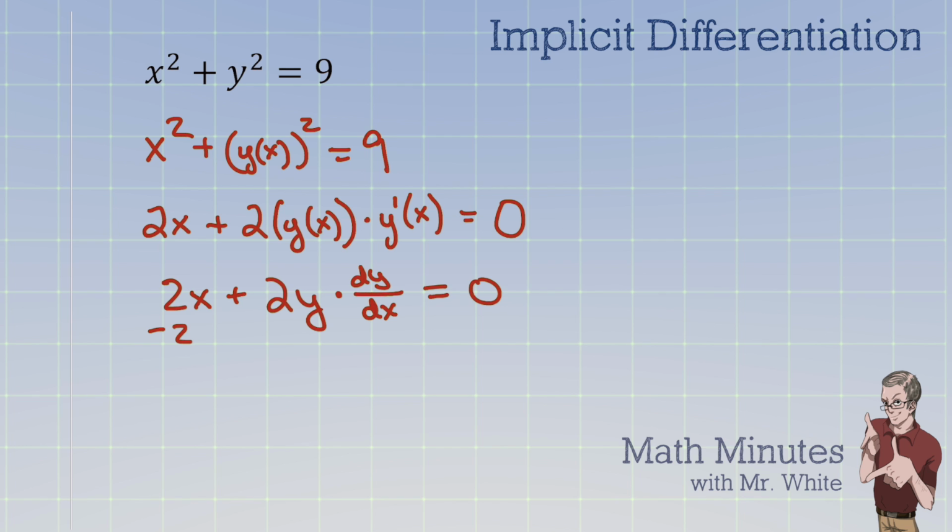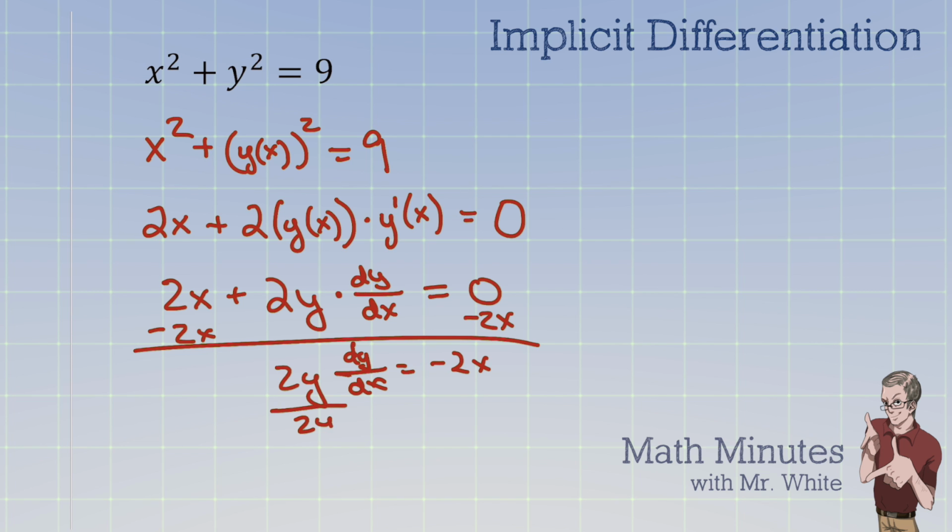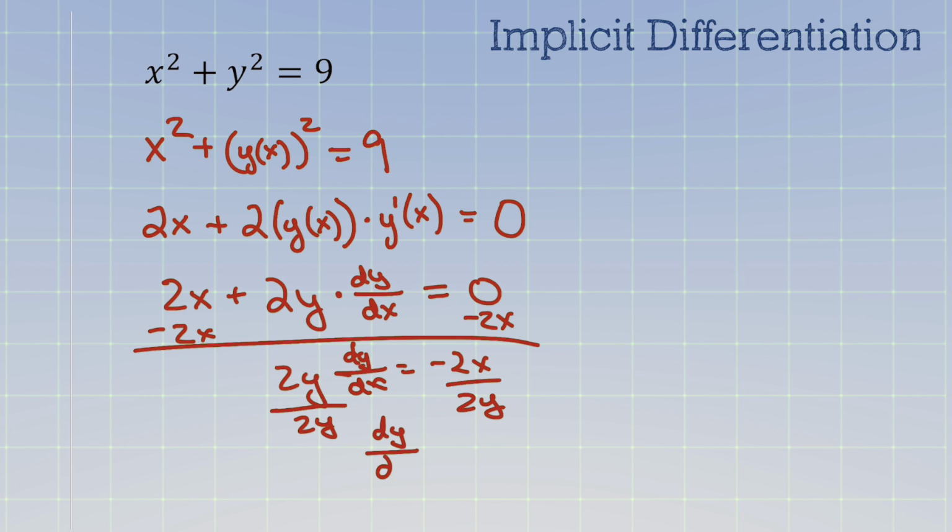So I'm going to move that 2x to the other side by subtracting it. 2y dy dx equals negative 2x. If you divide by 2y on both sides, you're going to get dy dx. In other words, the derivative is negative x over y. Negative x over y is the slope of the tangent line on this graph.